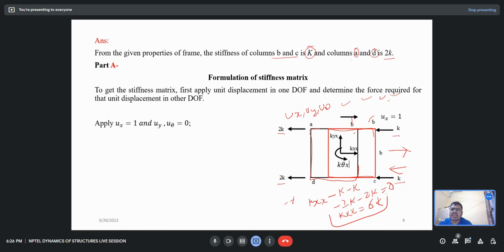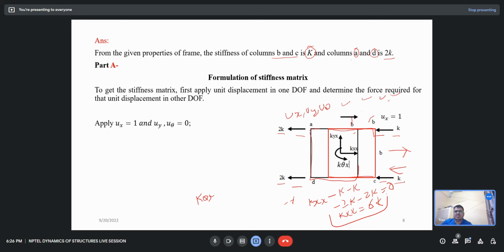And can you give a try for the k theta x? For k theta x, this is in the anti-clockwise direction. So these two forces develop a moment in the clockwise direction, and these two forces develop a moment in the anti-clockwise direction.